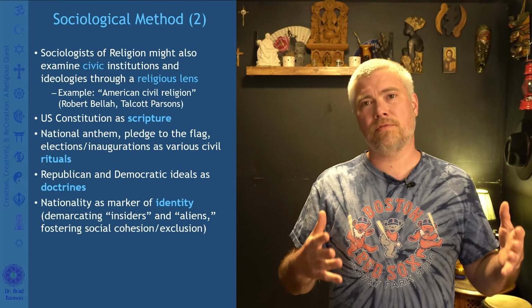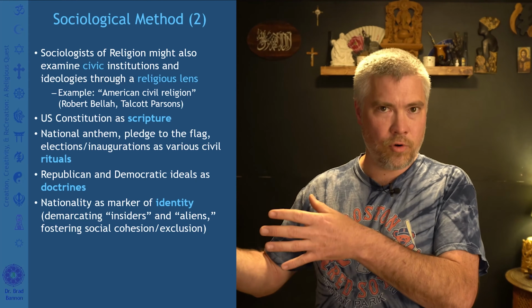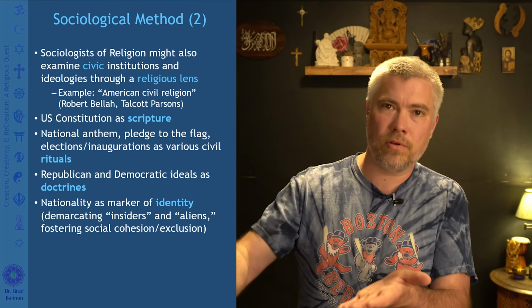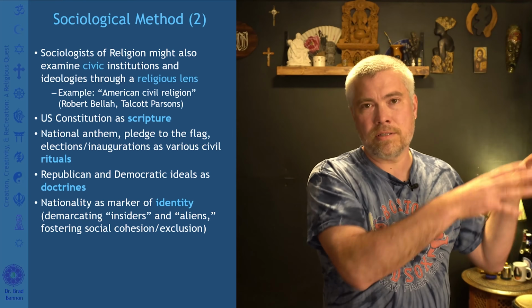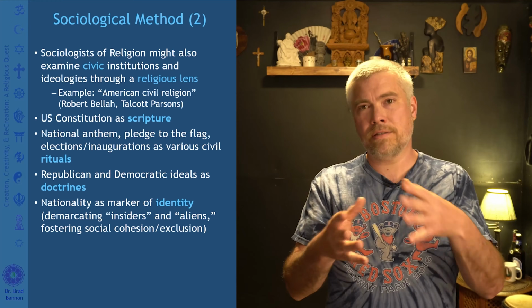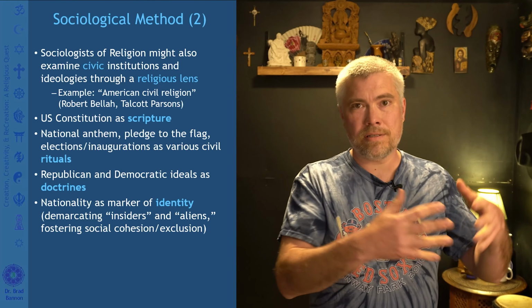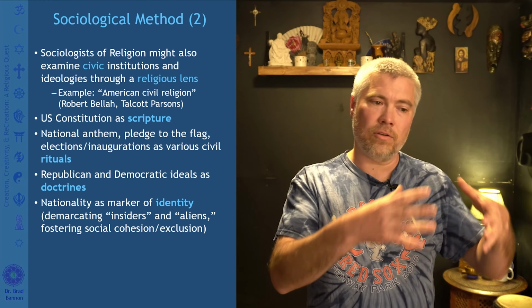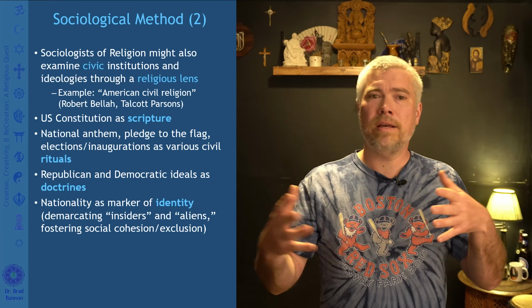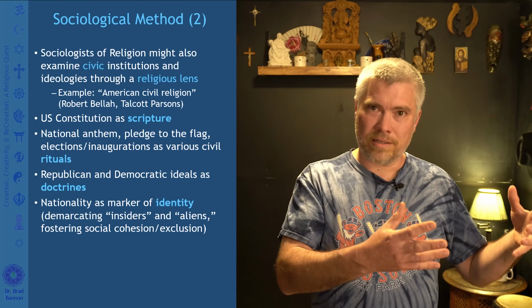So a sociologist of religion today might use the same religious framework for studying religious identity and belonging and scriptures, but apply it to things like Republican belonging or Democratic belonging or Green Party belonging, where they understand different human persons as identifying with a particular political or civic orientation in ways that can sometimes be seen as divisive and cohesive at the same time, right?